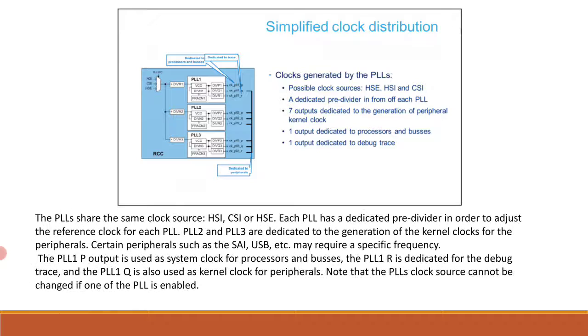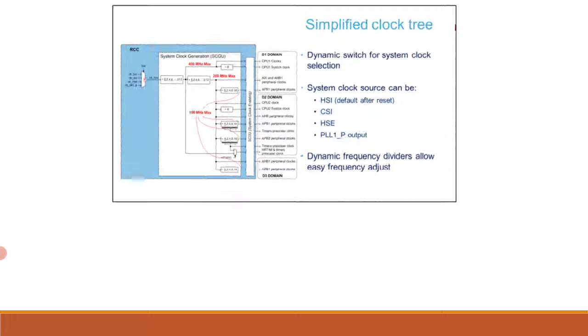Let's have a look at a simplified clock tree. Here the system clock can be derived from the HSI, CSI, HSE or the output of DIVP of PLL1. Here you can see in this tree, the switch used to select the system clock is dynamic, meaning that it is possible to change the frequency on the fly without generating timing violations.